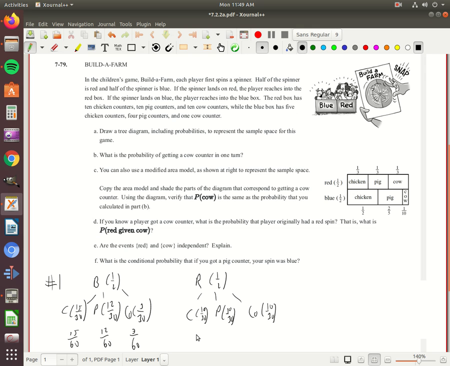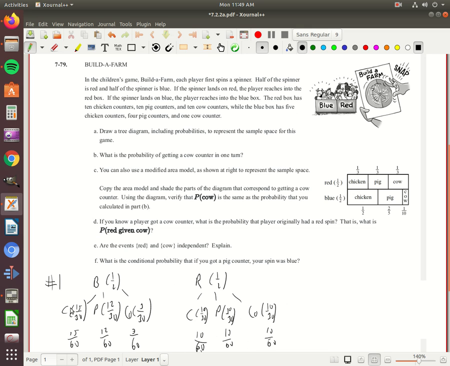Over here, I'm going to get 10 out of 60, 10 out of 60, and 10 out of 60. So if I add all these up, it's going to equal 60 out of 60. So I just think it's easier to have common denominators for an equal comparison.